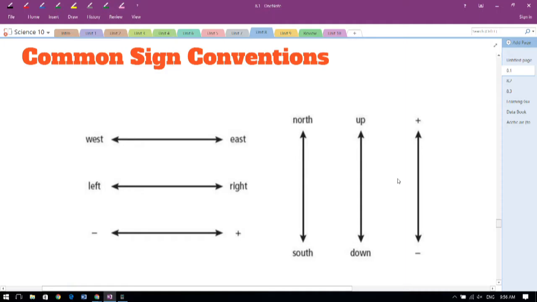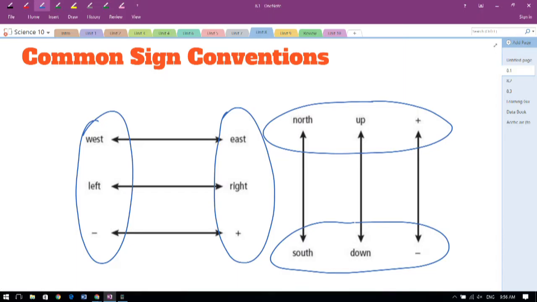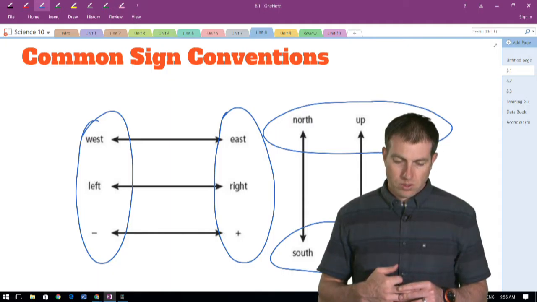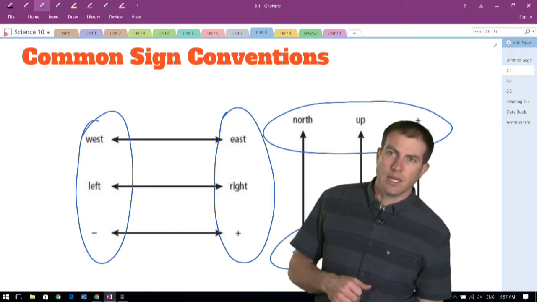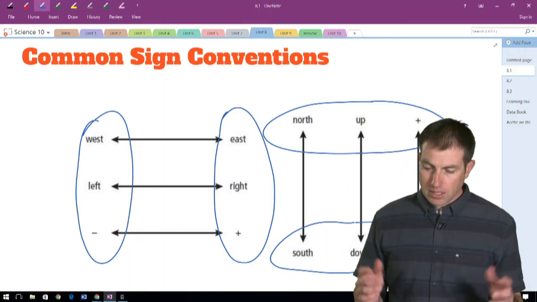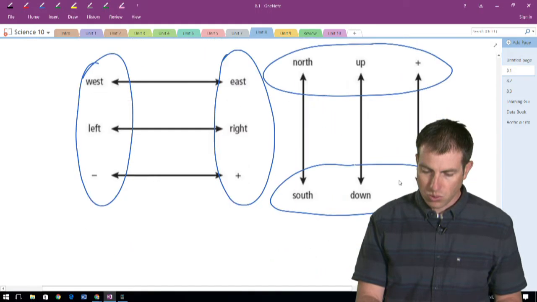So we try to stick with these sign conventions to not confuse ourselves or our nice teacher, Mr. Borden. So north, up, positive, down, south, negative, west, left, negative, east, right, positive. Just makes everything a little bit more straightforward if everyone plays by the same rules.